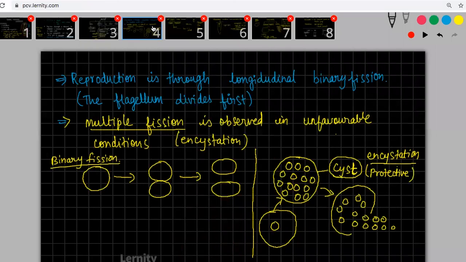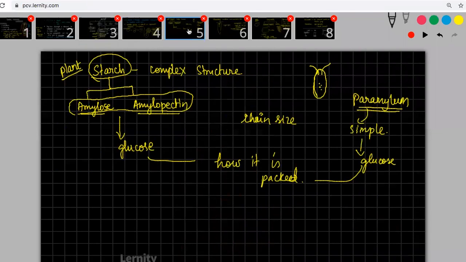I'll announce it. Fifth slide. Yeah, slime molds got completed. Sixth slide.